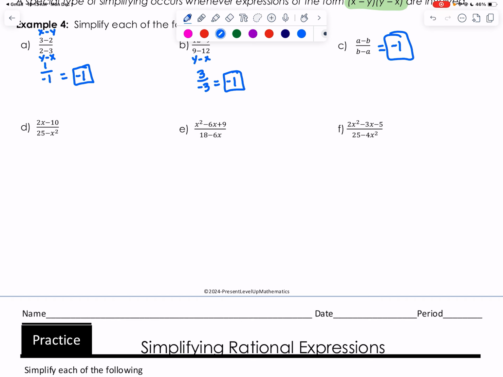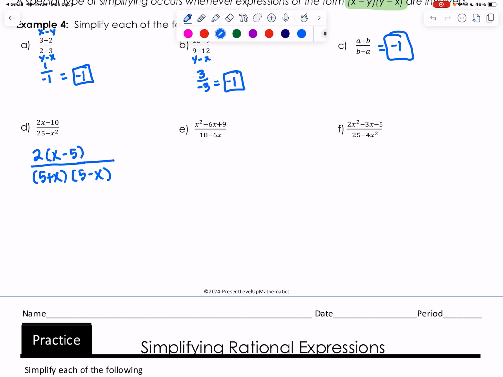So look at D. We have 2x minus 10 divided by 25 minus x squared. What we want to do is factor the top, then factor the bottom. On the top, the only thing I can really do is divide out a 2. So 2x divided by 2 leaves me x, and 10 divided by 2 leaves me 5. Now if I factor the bottom, we have 25 minus x squared. That's a difference of two perfect squares, so this would be 5 plus x times 5 minus x.